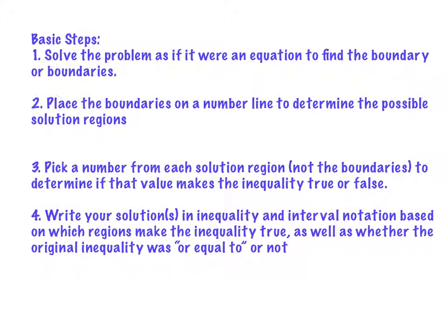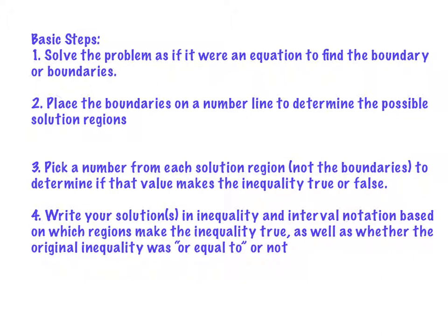Once you have figured out which regions work and don't work, you're going to write your inequality as well as interval notation based on which ones were true and which ones have the or equal to or not. So the examples help with those steps, but those are the steps you definitely want to have down.